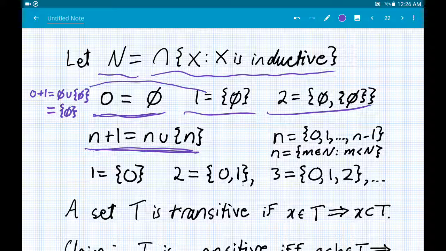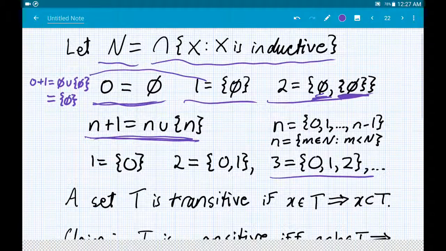I would say that 2 is the set of 0, comma 1, and if we did the calculations, you would find that 3 is indeed the set of 0, 1, 2, and more generally, any number n is the set of all numbers less than it. Now, that's actually a theorem to prove, and we will prove it at the end of this exercise, but it's a good thing to sort of keep your eye out for as well.